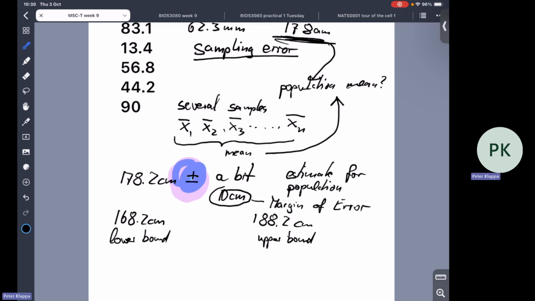If it was just 5 centimeters, I would make this range smaller. How do I figure out what this margin of error could be? And with this margin of error, how could I figure out what this range, this confidence interval is?